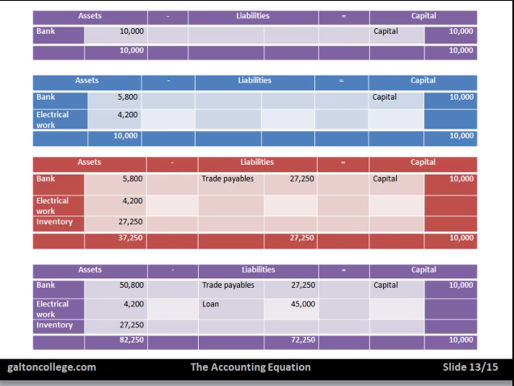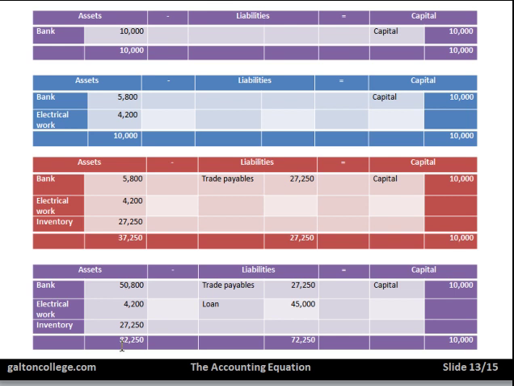He managed to get a loan of £45,000. If we add in the loan, because he has to repay it, it's a liability. Of course we'd add the £45,000 on to the bank here. He had 5,800 in the bank, add 45,000, and that's 50,800.